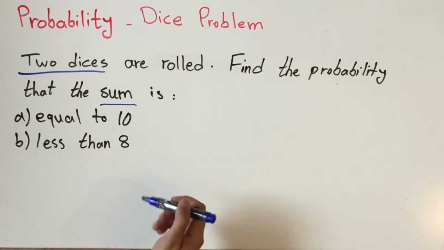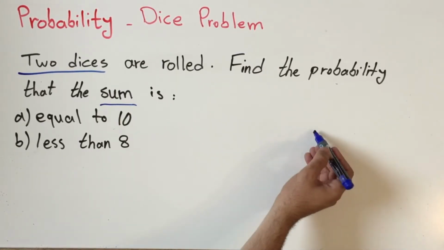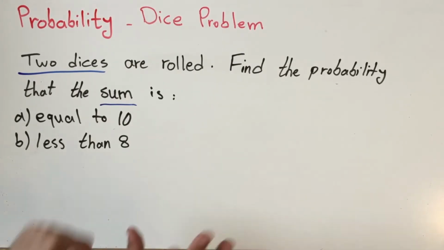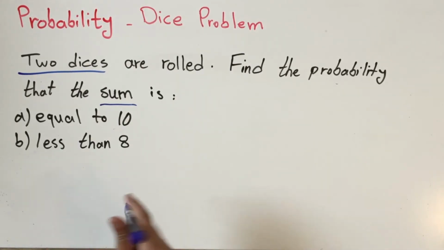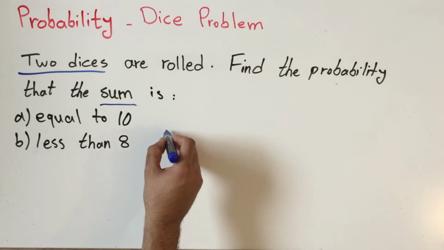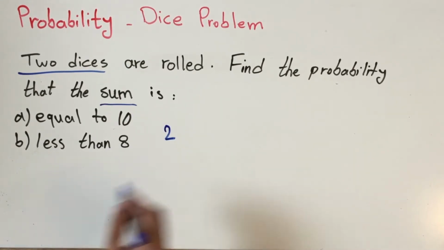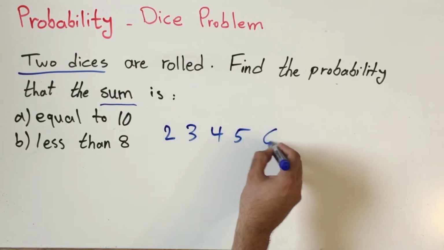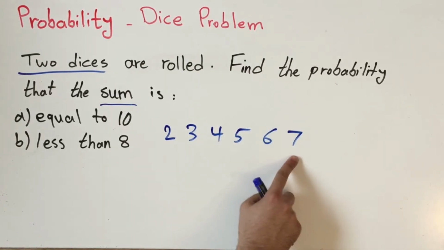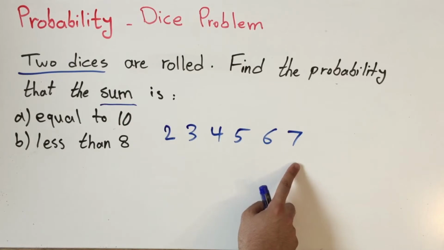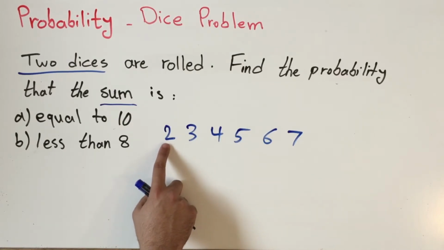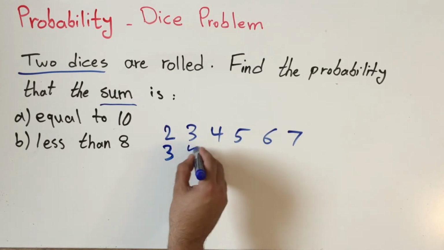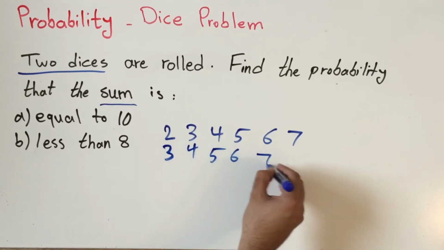Okay, so what is that? The first row, you have 6 numbers. How many numbers? 6 numbers. Those 6 numbers, you have to start with 2 and then go one by one. 3, 4, 5, 6, 7. Now you have 6 numbers. The next row, you have to start with the number after 2, which is 3, and then go one by one. So 3, 4, 5, 6, 7, 8.